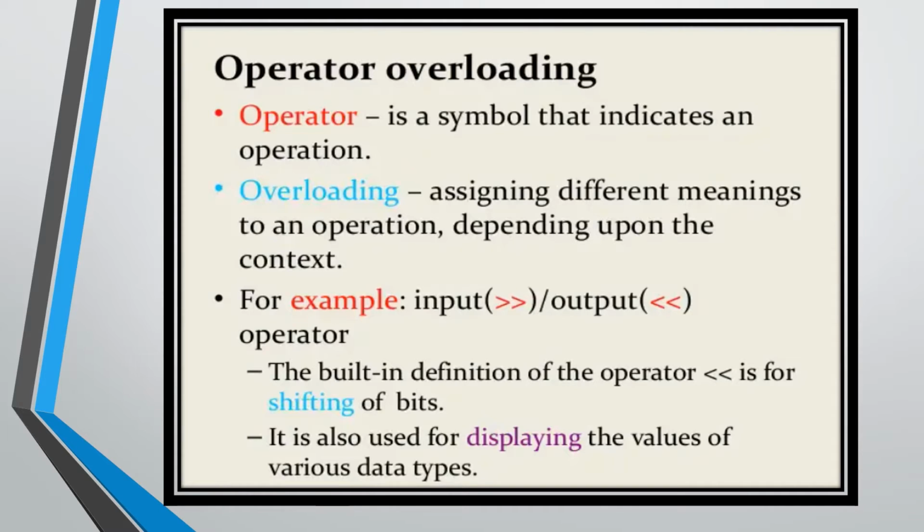But the same operator under a user defined data type means displaying the values of various data types. So the meaning of this operator changes. It is called overloading, as assigning different meaning to an operation is known as overloading.